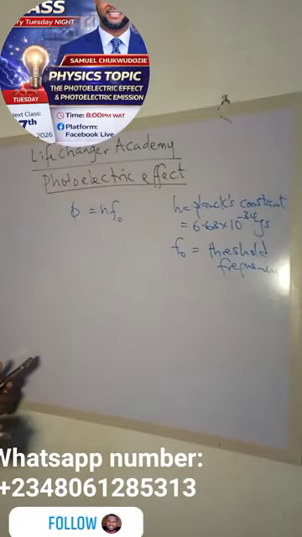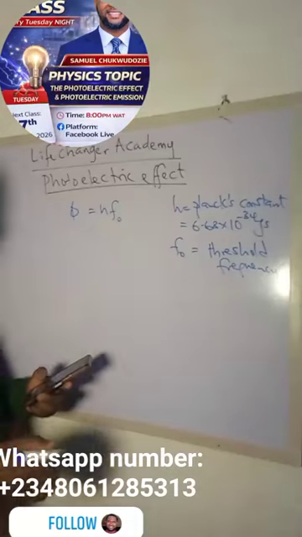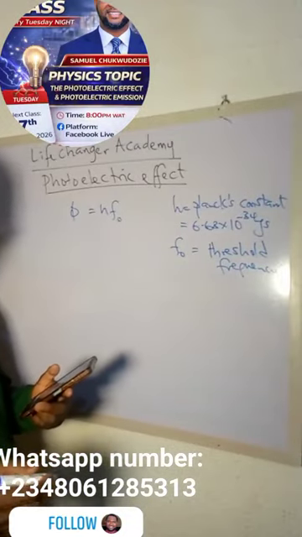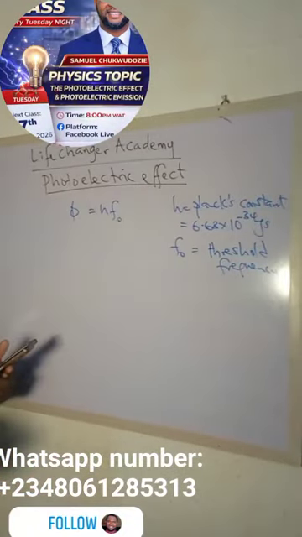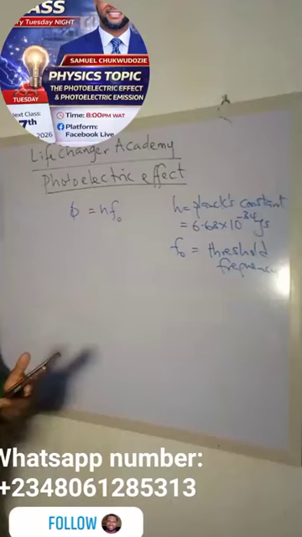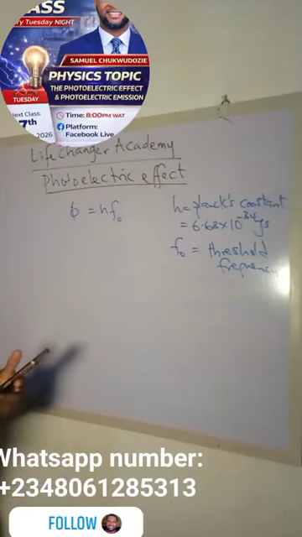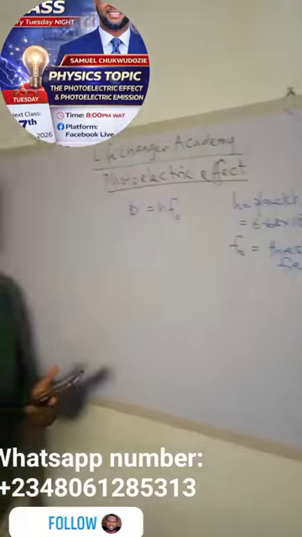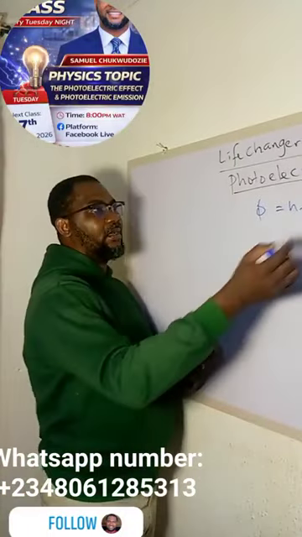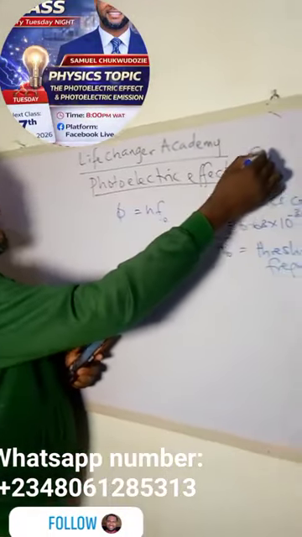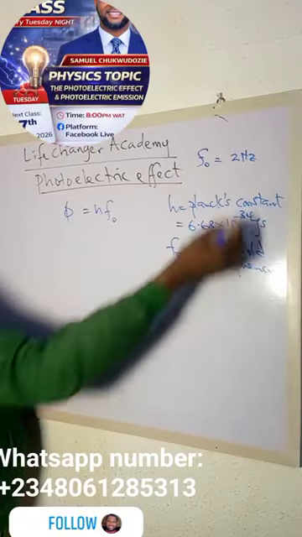Now, I would like to also say this. Somebody's asking, what do I mean by no emission below the threshold frequency? What I mean is that, let's say the threshold frequency is 2 Hz, for example.